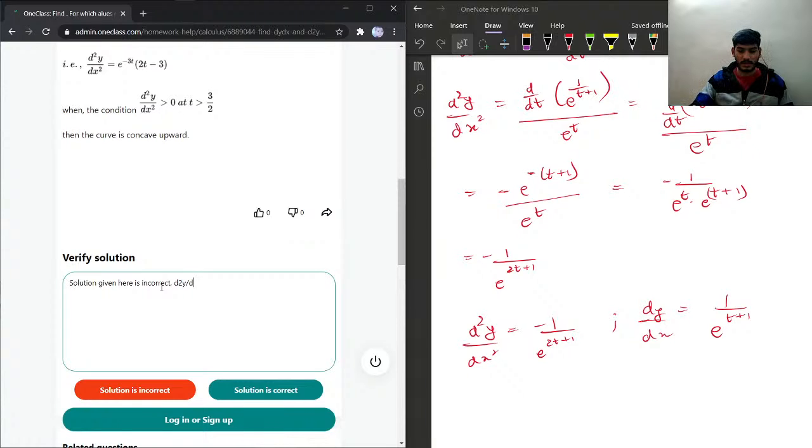d2y over dx2 will be minus of 1 divided by e power 2t plus 1, and dy by dx will be 1 over e power t plus 1.